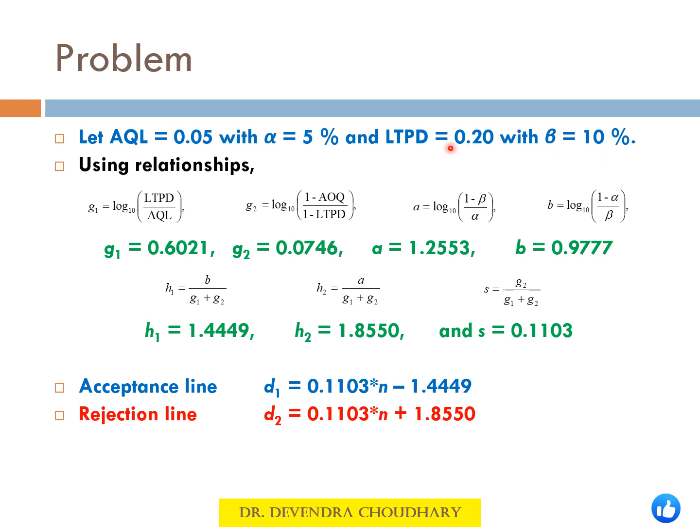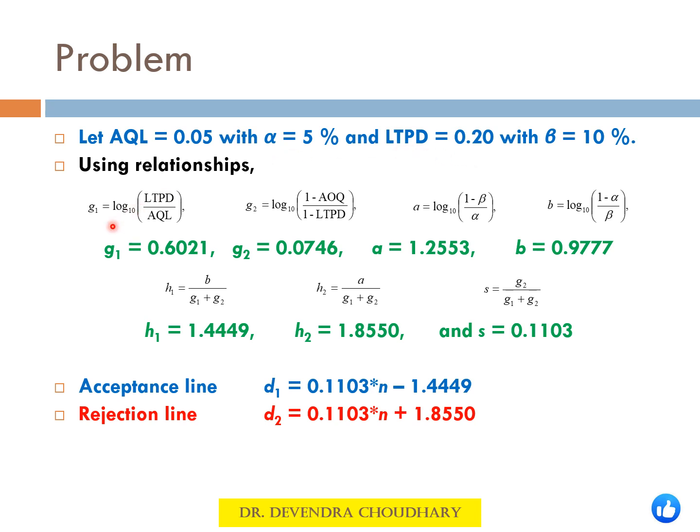We earlier solved it using the Larson nomograph method and Poisson distribution table while designing a single sampling plan. We take the same problem for designing a sequential sampling plan, and we will compare the sequential sampling plan with the single sampling plan using an OC curve.